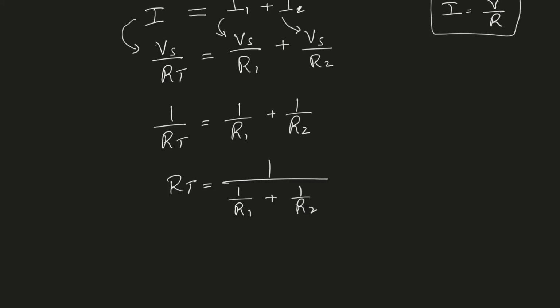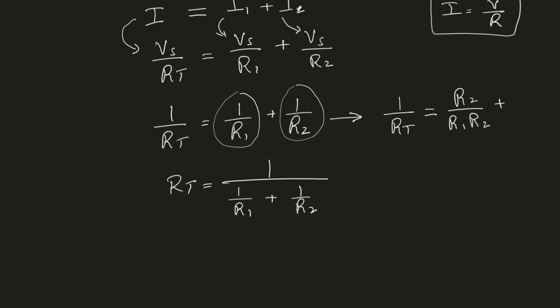Another way of writing it is also possible, which I will show over here. I will say 1 over R total is equal to, now I will take this first term and multiply and divide by R2. So I will get R2 divided by R1 times R2. And then I will take the second term and multiply and divide by R1.